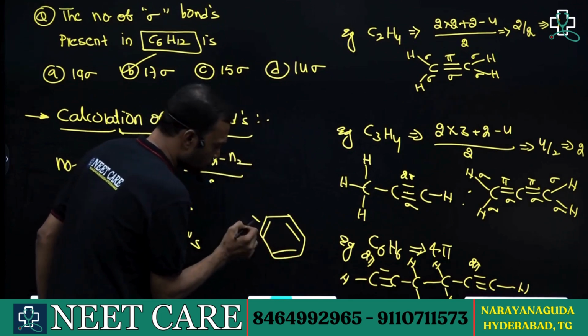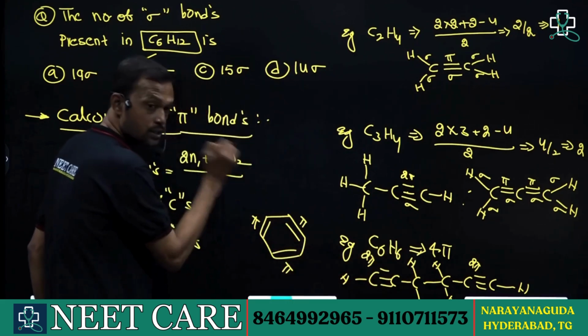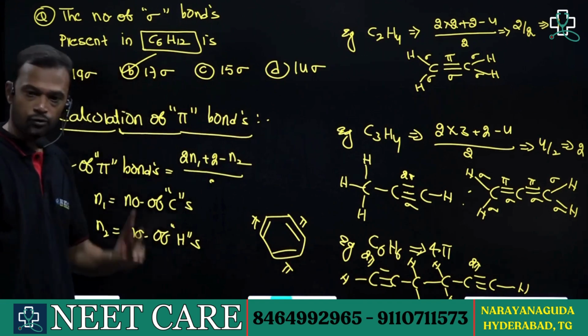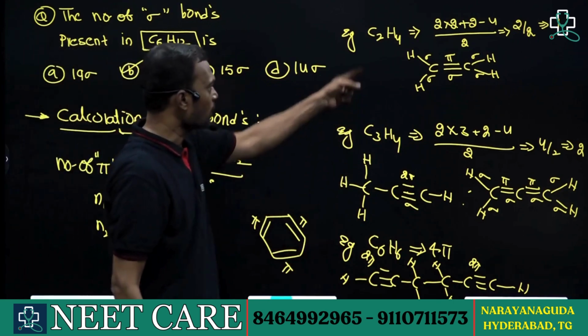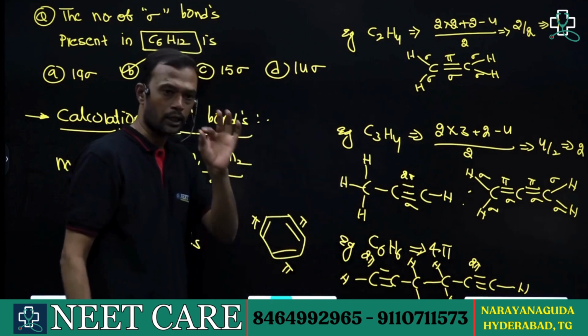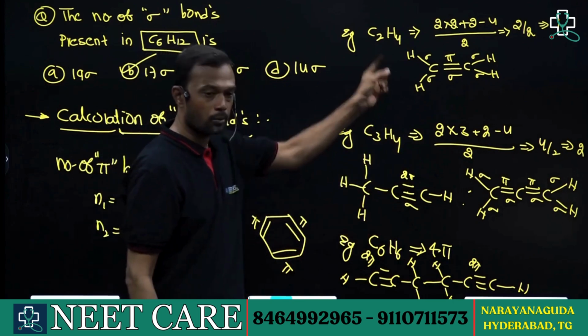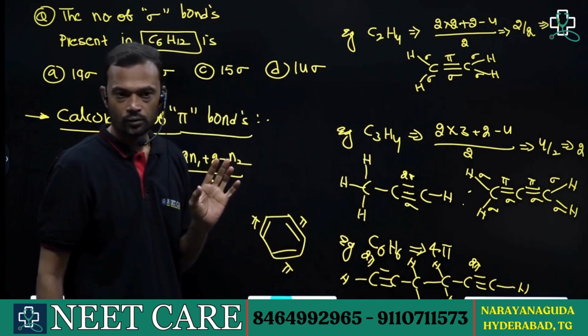See, if I say benzene, it will give the same formula, but pi bonds will not match. Here how many pi bonds? 1 pi, pi, pi. But how much are you getting? 4 pi. Is it benzene? No. But the formula remains the same. So what I would like to say is, this formula is applicable only for open chain, not for rings. Don't create any ring if I use this formula for calculating the number of pi bonds. Is it clear?